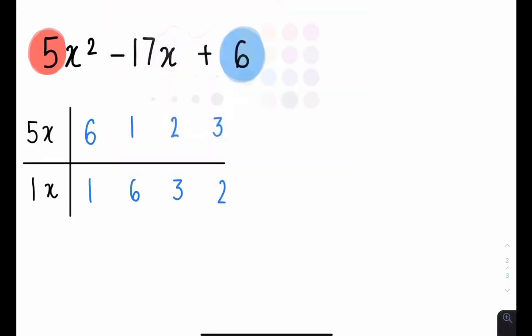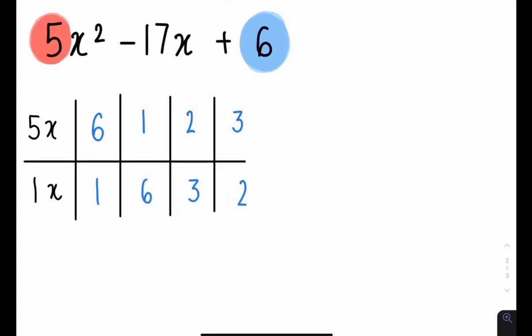Now that your grid is complete, all you have to do is find the column that works by cross multiplying. So 5x multiplied by 1 is 5x, 1x multiplied by 6 is 6x. Can we use these two terms to make minus 17x? No, we can't.